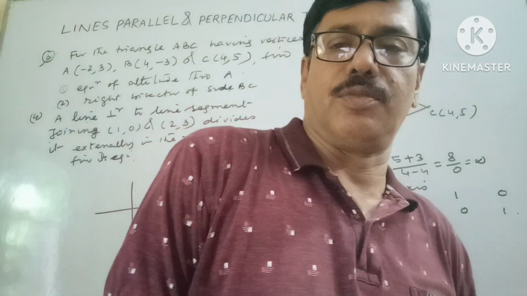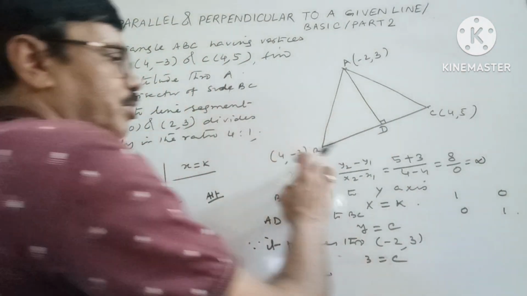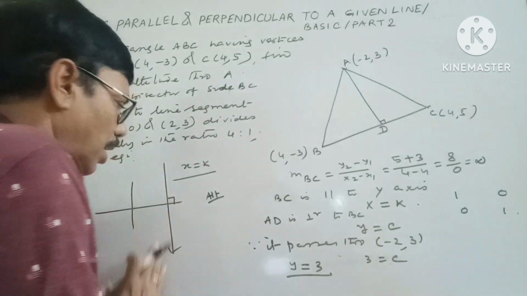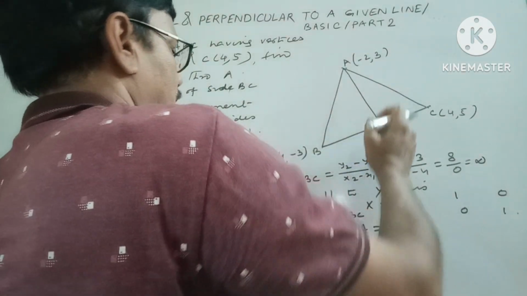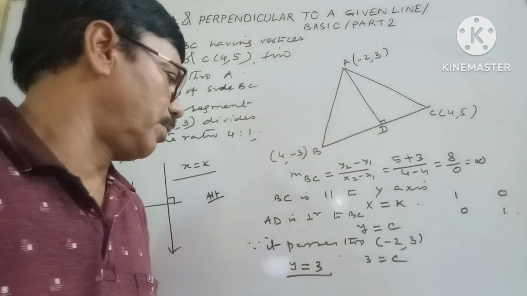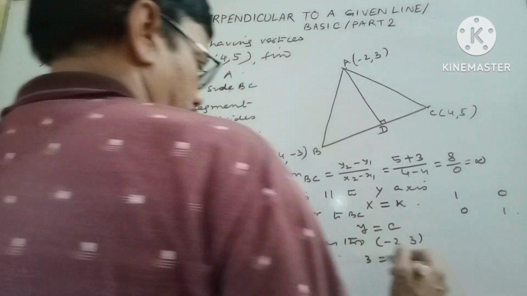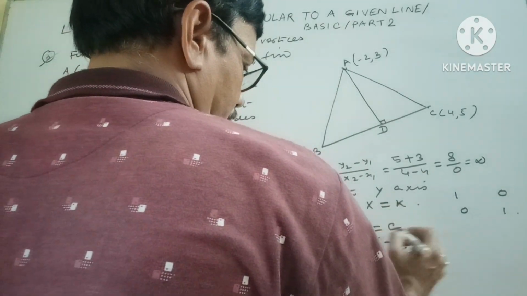So I think it will be simple for understanding. M of BC equals infinity, so it is a line parallel to the y-axis. So AD must be perpendicular to BC, that is x equals k. Here it is y equals c.